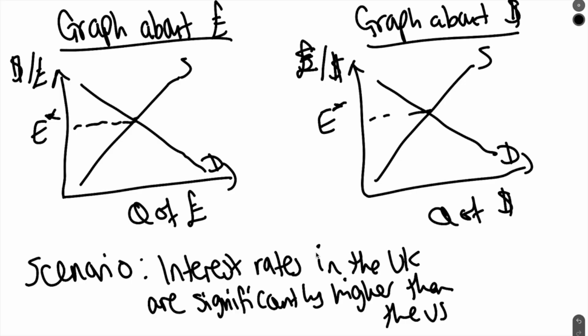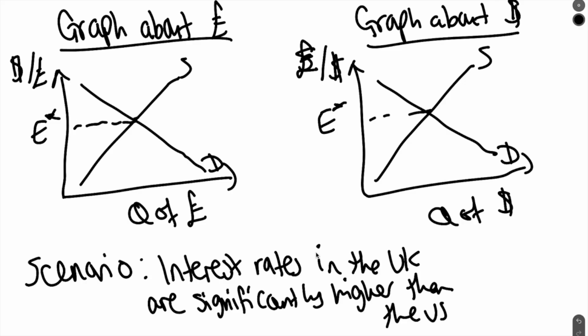So how does this affect things? Well, if you're thinking about putting money into a country to gain returns, you'd care about the interest rates. If your rate of return in the UK would be a lot higher than the US, you would want to put your money in the UK. Now, if you already hold pounds, obviously you haven't got to do anything with your pounds. But if you hold dollars and you want to change them up for pounds, it's going to affect things.